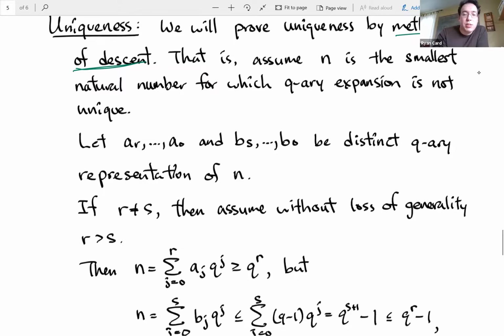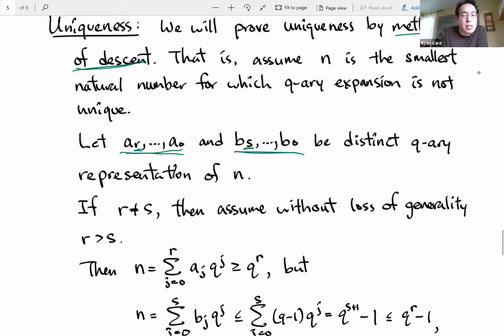Okay, so let's say n is the smallest natural number with a q-ary expansion that is not unique. So you pick 2 different q-ary expansions with coefficients a_r through a_0 and b_s through b_0. So now the leading digit place might be different because they're 2 different q-ary expansions.